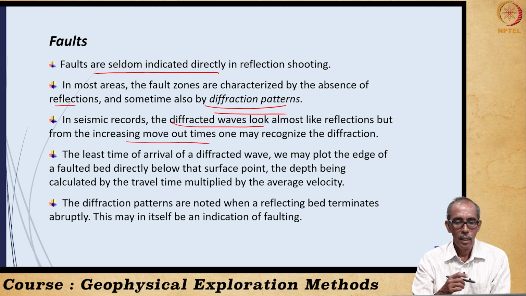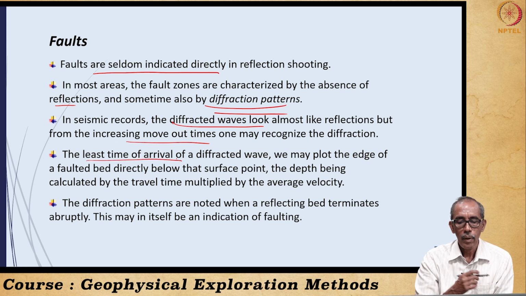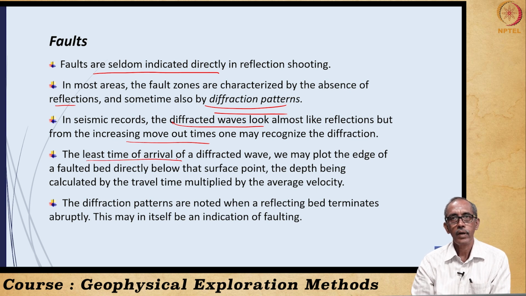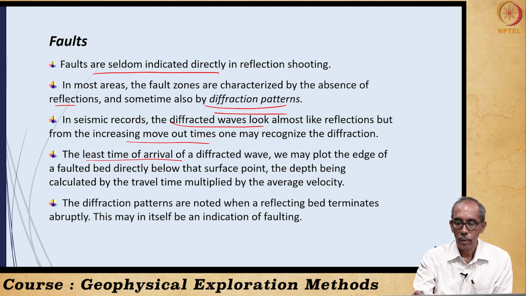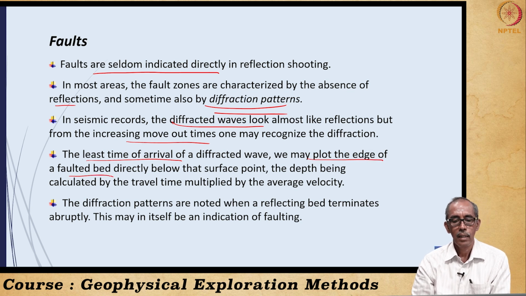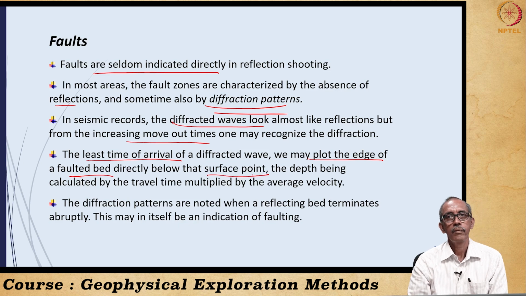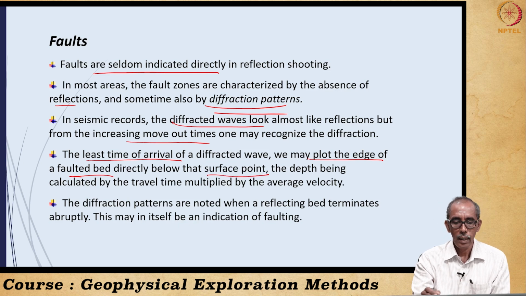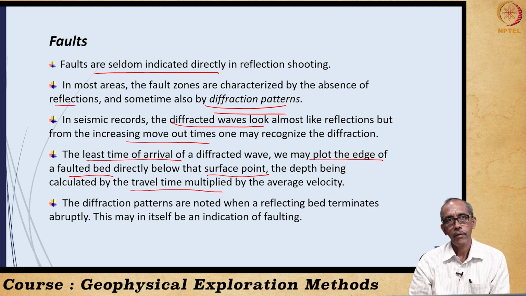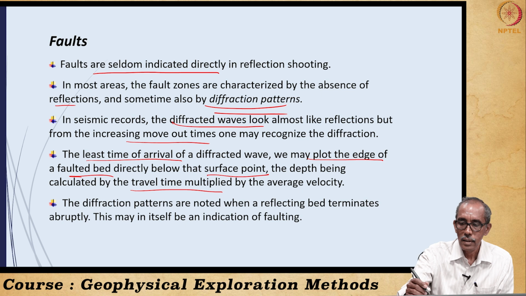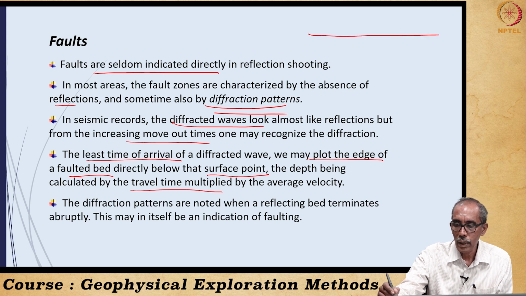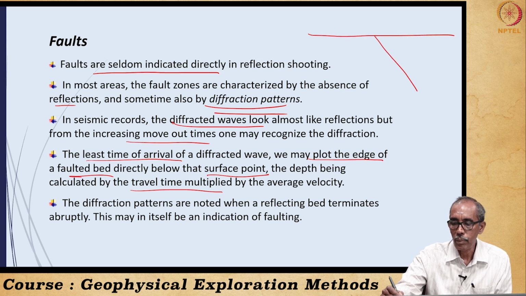From the least time of arrival of the diffracted wave, we may plot the edge of the fault bed directly below the surface point. That means the depth can be calculated from the travel time multiplied by the average velocity. Sometimes a fault can also be directly picked up.